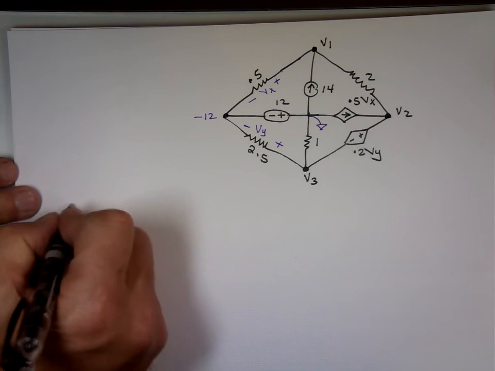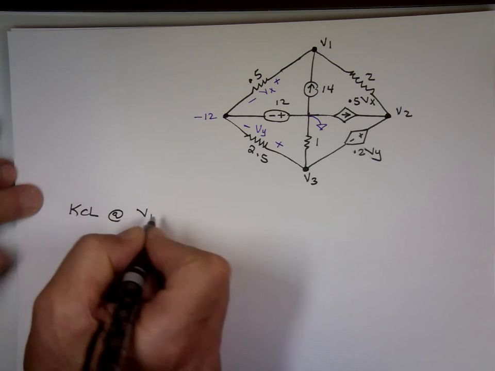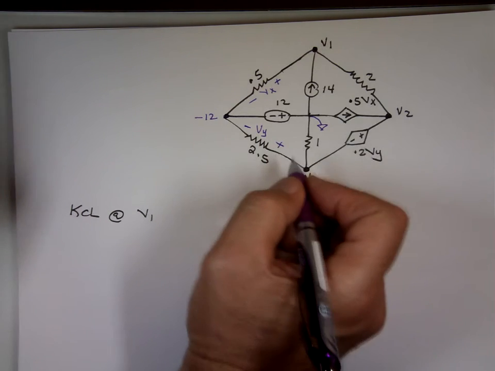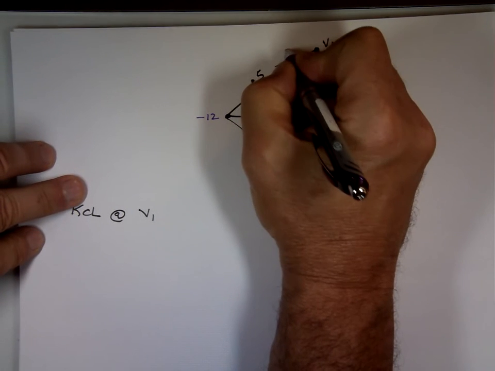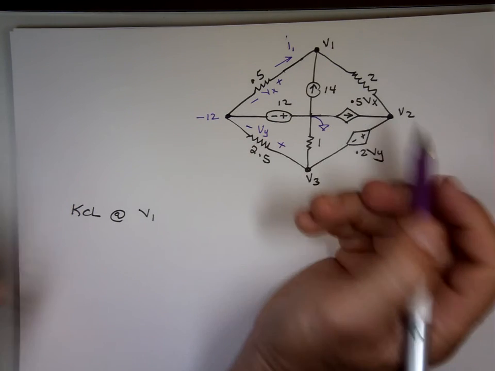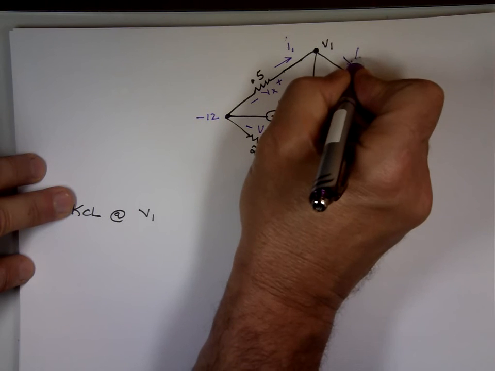KCL at V1. Now, let's assign current. Which way do you want the current through the 0.5 ohm? Up. Okay, we'll call it I1. How about through the 2 ohm resistor? Down, I2. So notice we don't think about it.